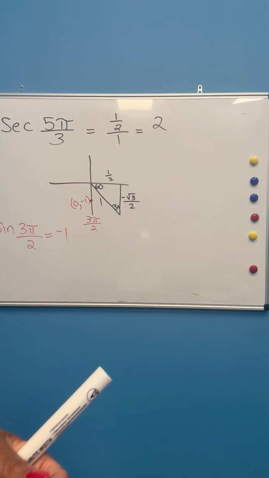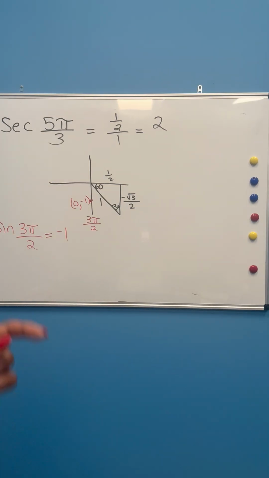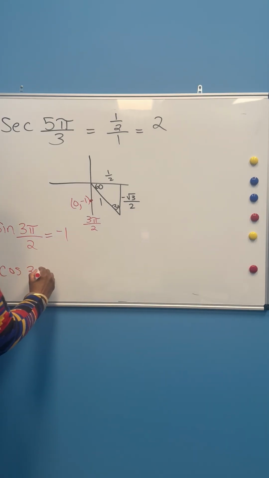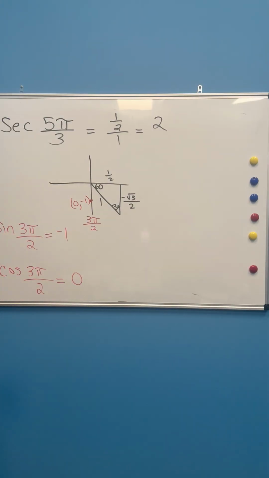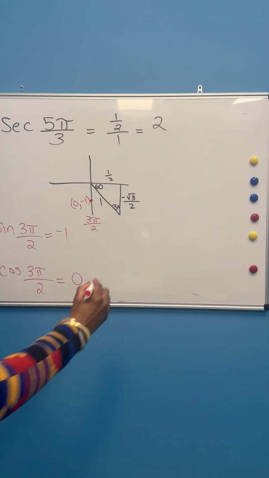So that is pretty easy to identify. And now they're asking us for cosine of 3 pi over 2. Well, that's just your x value. So that's a 0. All right, and now we have to find the secant of 3 pi over 2.